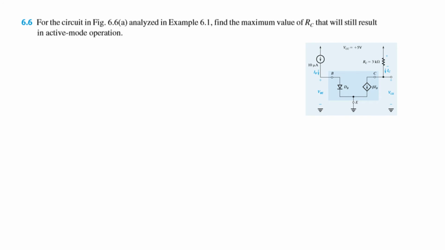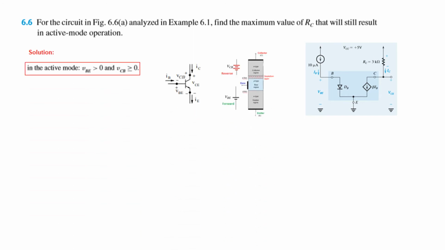Okay, the last question is that for the circuit in figure 6.61 analyzed in example 6.1 in the book, find the maximum value of RC that will still result in active mode operation. First of all, we should be clear about the conditions for active mode.